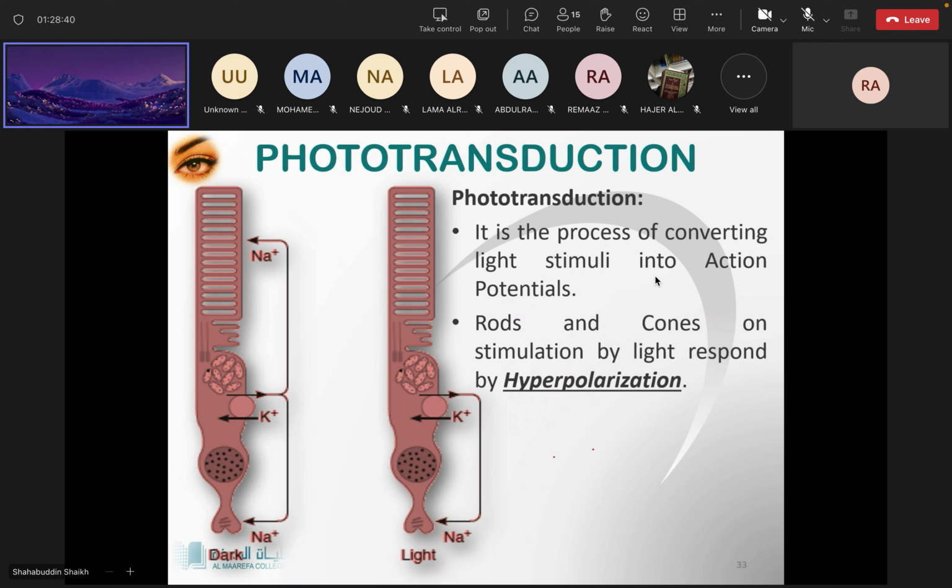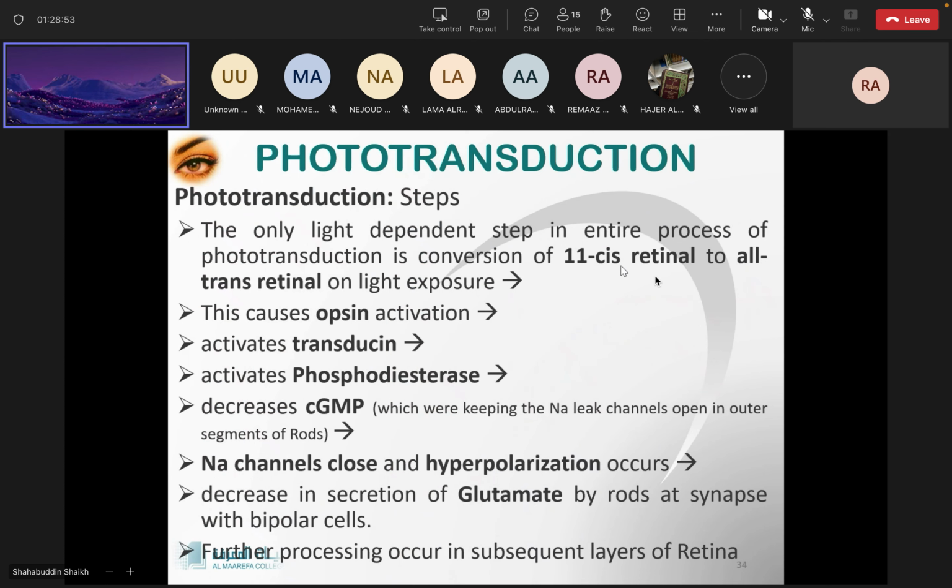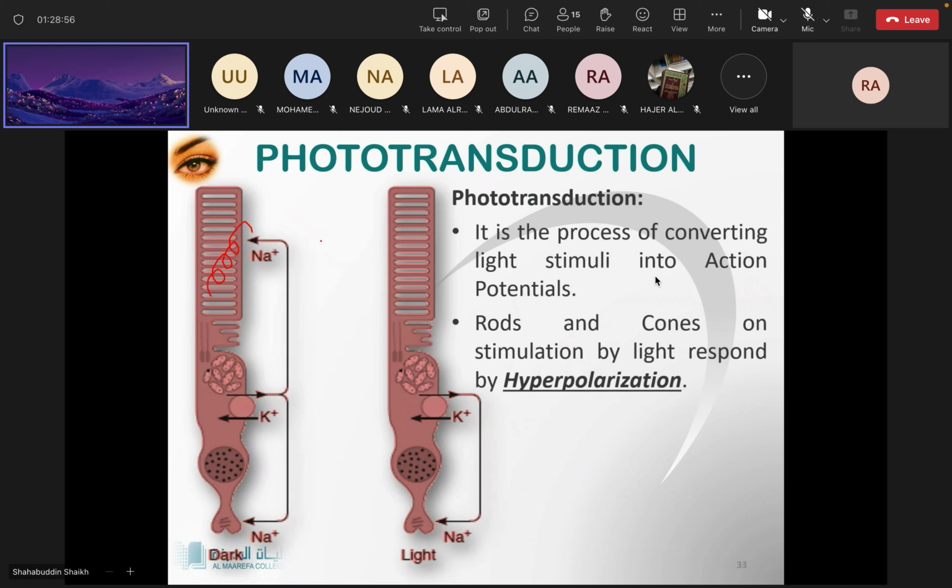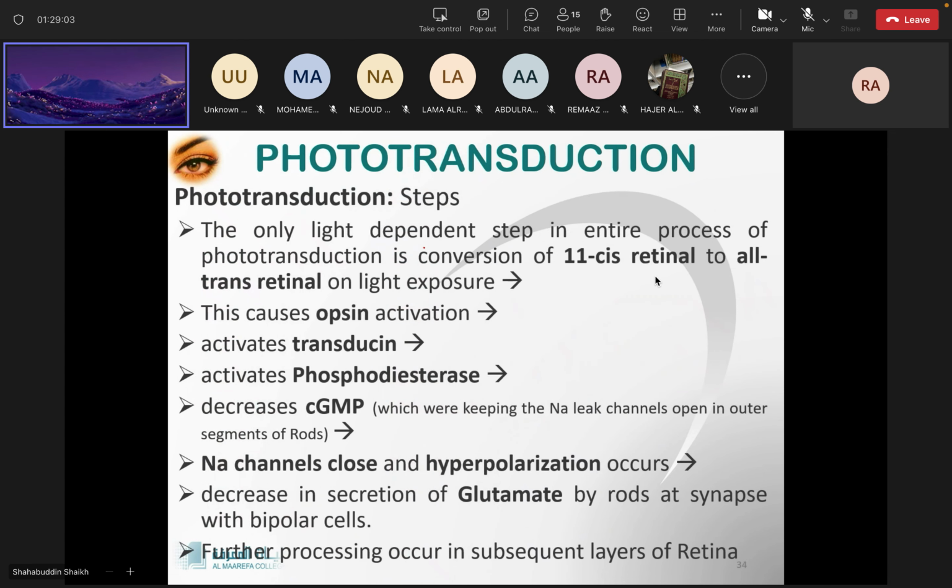Now we come to how the function occurs. I don't want to go into the mechanism of how things occur here. Please remember in general, whenever light falls on the receptors, it causes a chain reaction in the photopigments. Whenever light falls, the retinal, a vitamin A derivative, in the disc of the receptors, which is in the 11-cis retinal form, is converted into the all-trans retinal form.